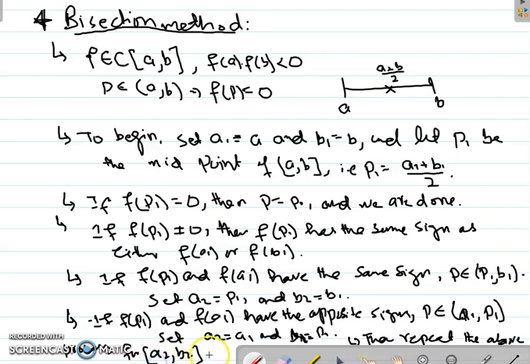Whatever interval we have got, we will proceed the same way for that interval, and we will continue it for the second iteration, the third iteration, the fourth iteration, and so on.